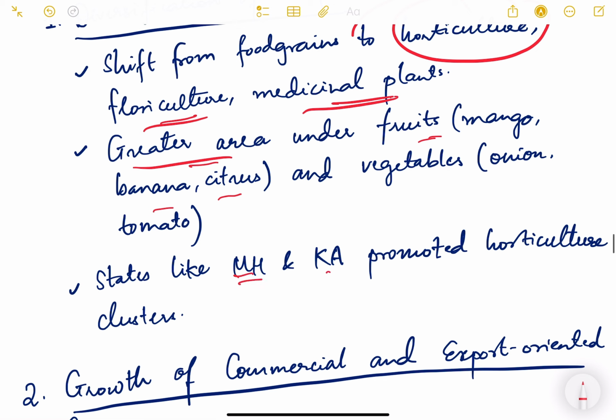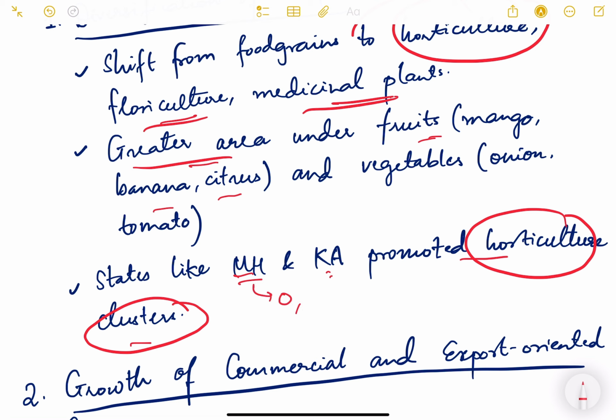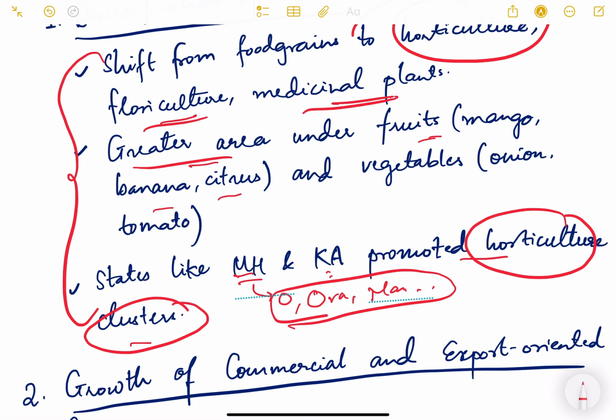States like Maharashtra and Karnataka promoted horticulture clusters, because in Maharashtra onions, oranges, then mangoes, strawberries, these are some of the horticultural crops that are world famous. Similarly, Karnataka also incentivized a lot of horticultural products. So these were some of the important changes that happened during post-reform era.